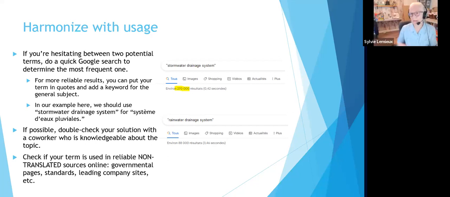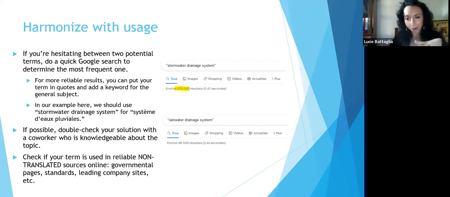So don't ask ChatGPT to translate your text. You might be in for a horrible result, but even asking ChatGPT to extract the technical terms, what we call in French un dépouillement, even that might be problematic, because you're giving the AI access to something that's supposed to be confidential.